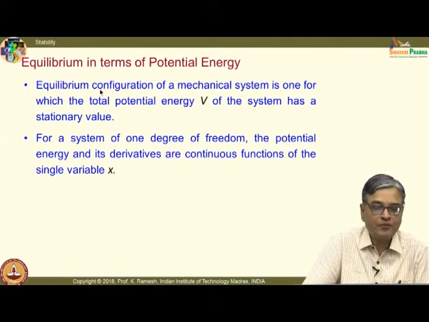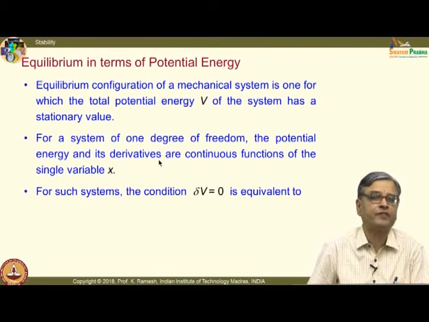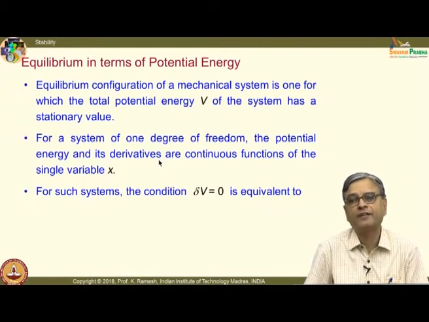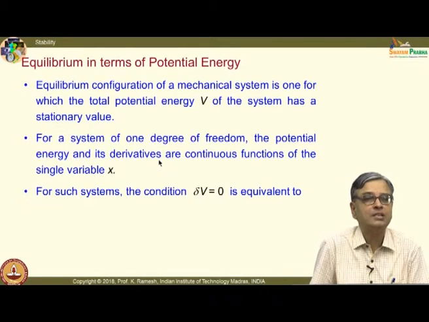So, equilibrium configuration of a mechanical system is one for which the total potential energy of the system has a stationary value, and for a system of 1 degree of freedom, the potential energy and its derivatives are continuous functions of the single variable x. We have discussed what is the meaning of degree of freedom, and we said you have how many independent variables that are required to specify the configuration of the system.